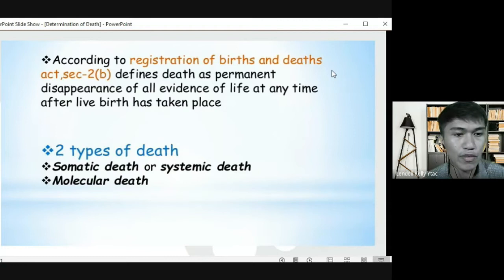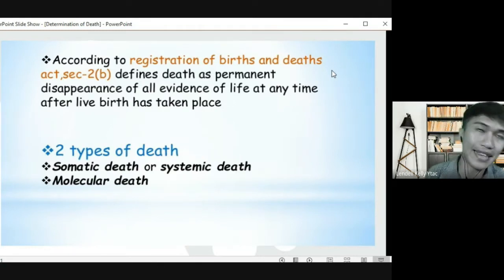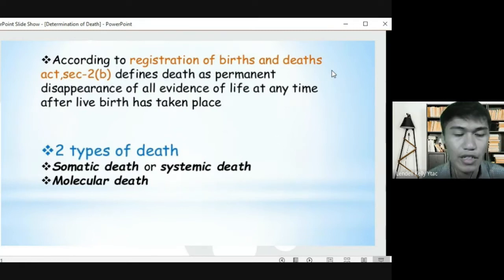There are two types of death: somatic death or systemic death, where somatic pertains to the body and systemic pertains to systems, and molecular death, which pertains to the molecular level. So it could be associated with cellular death.